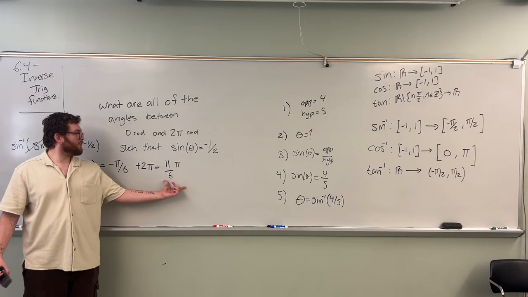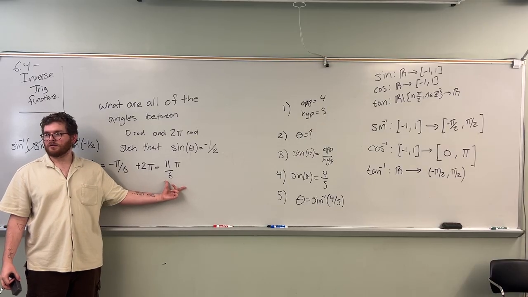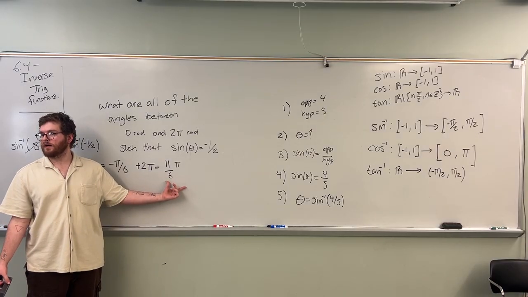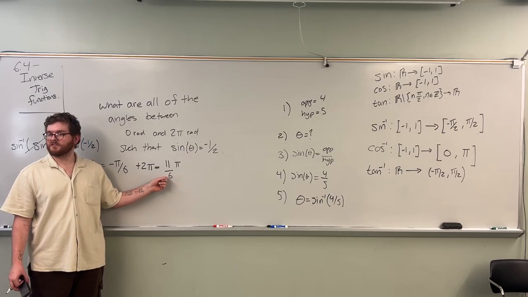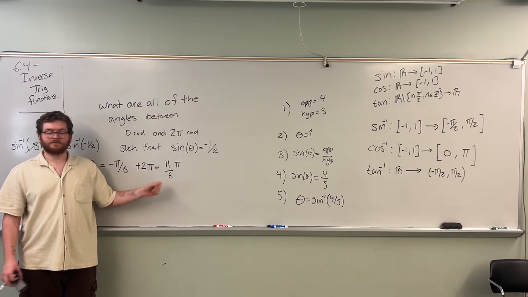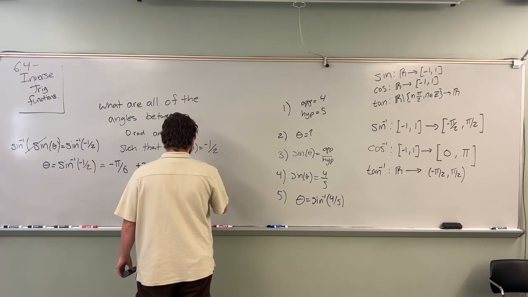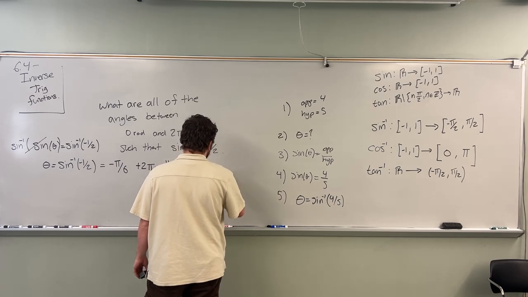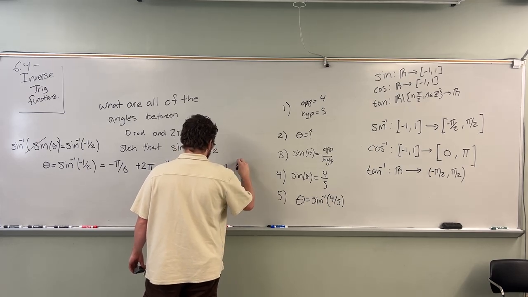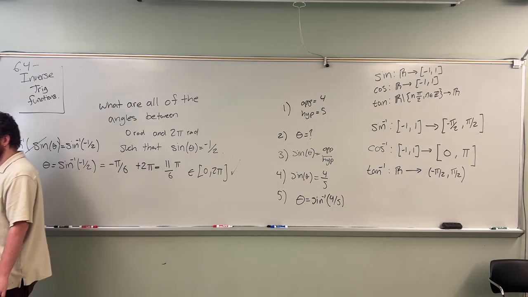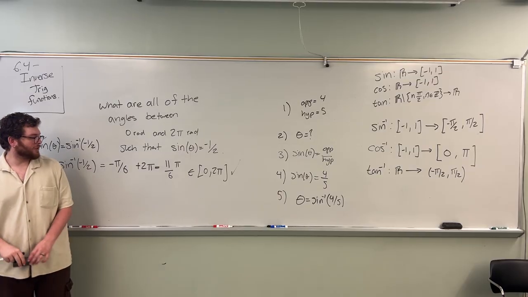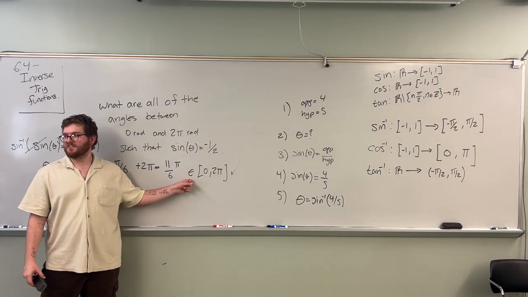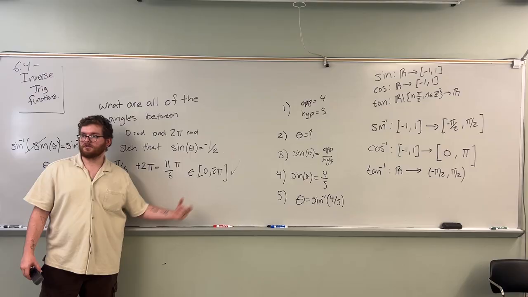And is this between 0 and 2 pi? Yes, it's slightly less than 2 pi. 2 pi would be 12 over 6, so this is a little less than that. So this is indeed in 0 to 2 pi. Again, if you don't remember from college algebra, this symbol right here means in, so it's in this interval.